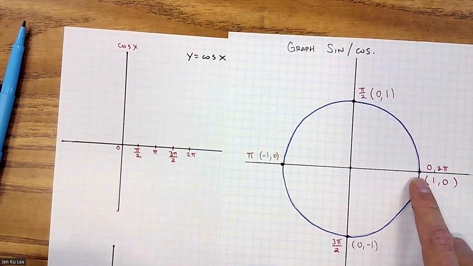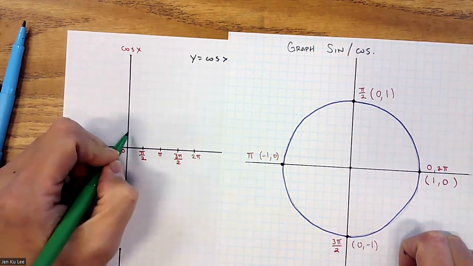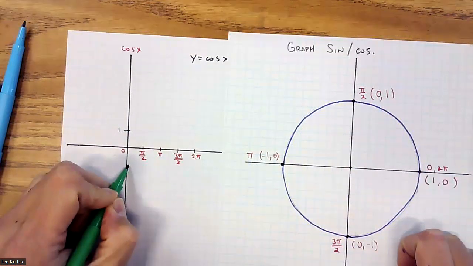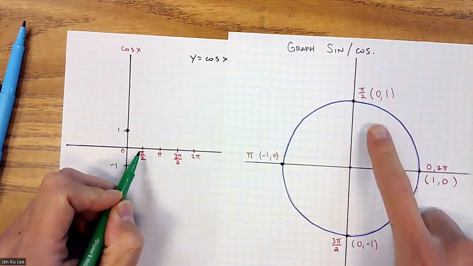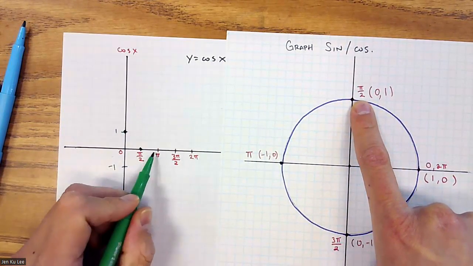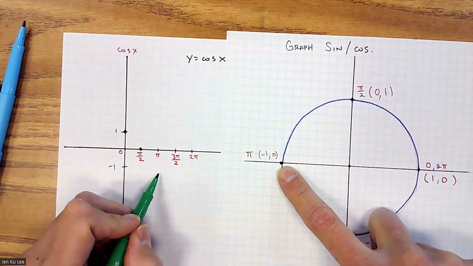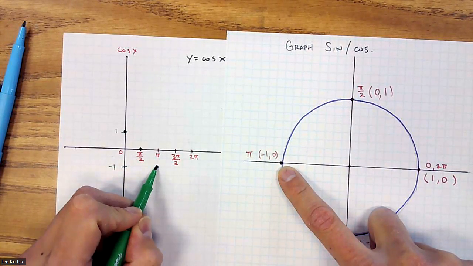So, the cosine of 0 is 1. Cosine of pi over 2 is 0. Cosine of pi is -1.